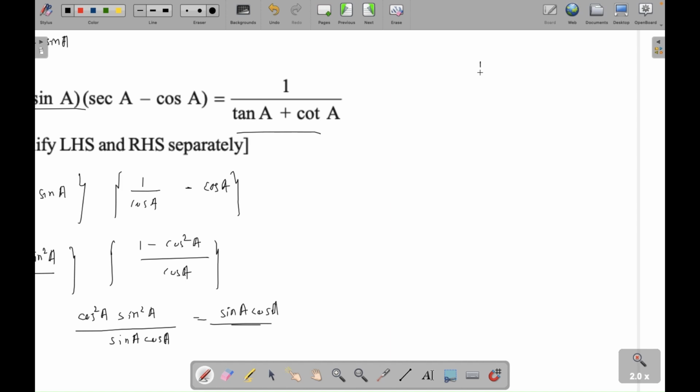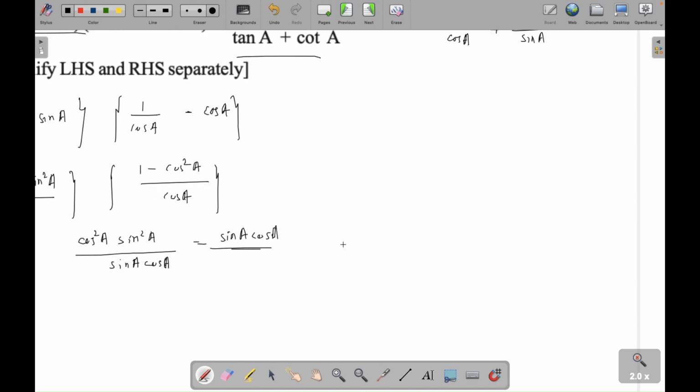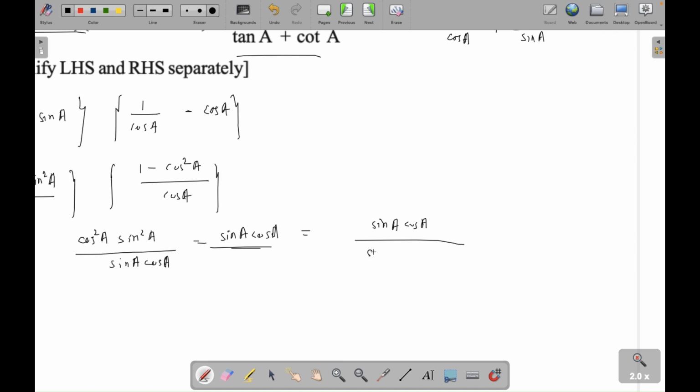Right? So what we'll do, this is sin A upon cos A and this is cos A upon sin A. I can tell you what you need to do here. If you don't want to solve the right hand side, what you just need to do is sin A cos A upon sin square A plus cos square A. How do I know this?